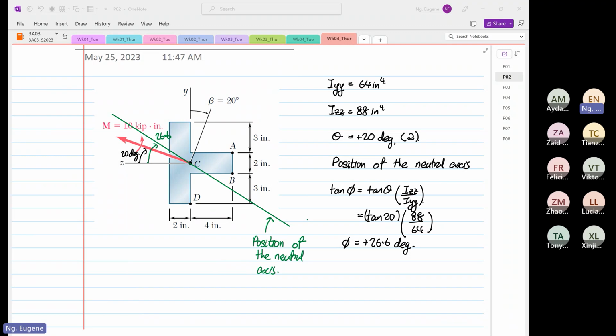Let me see if there is another one where I don't need to find the second moment of area. Bear with me, okay? Because you can get confused. I mean, I did get confused with the angle, and I don't want you to be confused with the angle.